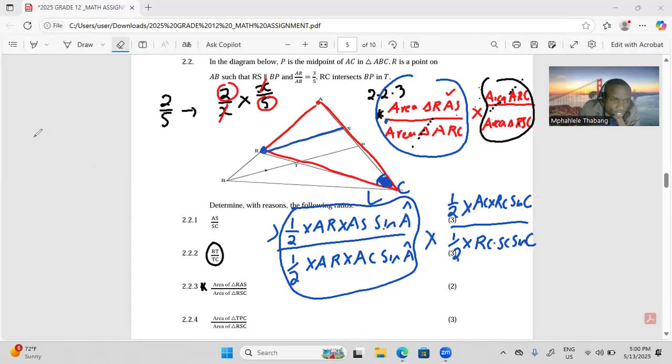Yes, and now let's see what happens after doing this. Half cancels half, AR cancels AR, sine A cancels sine A. We're left with AS over AC, times half cancels half, RC cancels RC, sine C cancels sine C. So I'm left with AC over SC.